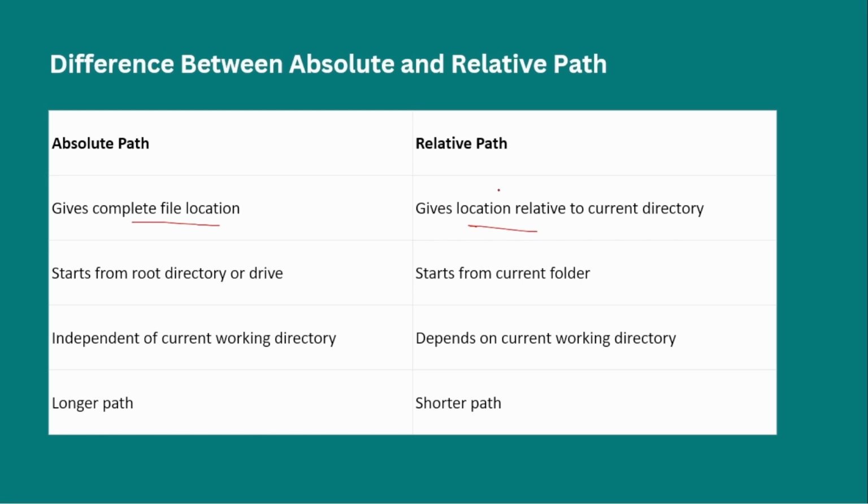Okay, as per the current directory, what is the location? So relative to the current directory from where we are running the program, we give the location of the file. Absolute path starts from the root directory or drive, while relative path starts from the current folder. Absolute path is independent of the current working directory, while relative path depends on it. Absolute is a longer path, relative is a shorter path.